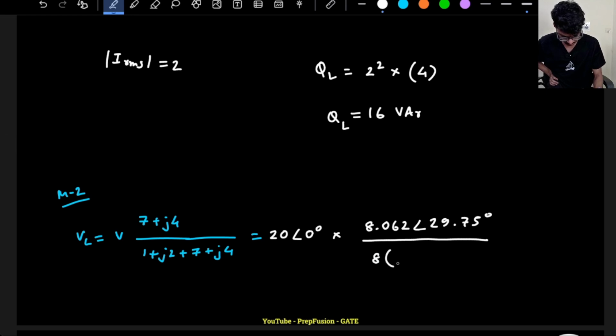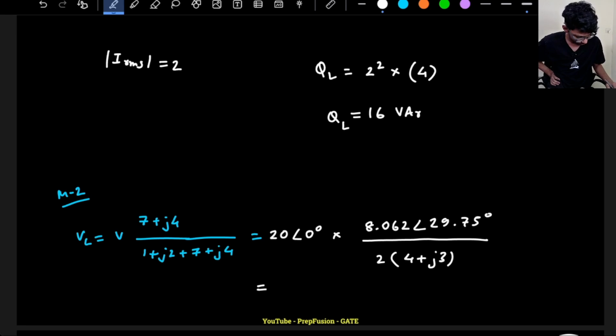this is basically 2 into 3 plus 4j, same thing only, sorry, 4 plus j3 basically. So ultimately this will come out to be 20 divided by 2 is 10 into 8.062. Something is off, we have to divide by 5 as well, right?